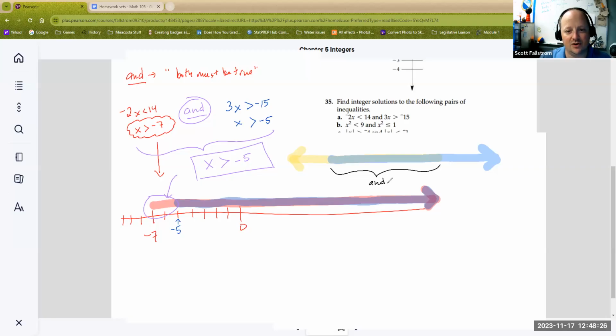So this portion is the and portion. If this question came back and didn't use and, if it used the word or, then you could be in any one of them. So you could be yellow, blue, or green. And in this case, if it was or, it would be anything on those two directions. So that's the idea. Very similar to the Venn diagrams, right? The or statement, you could be an A or B or both. You had to be in at least one. But for the and statement, you have to be in the overlap, which is where they intersect.